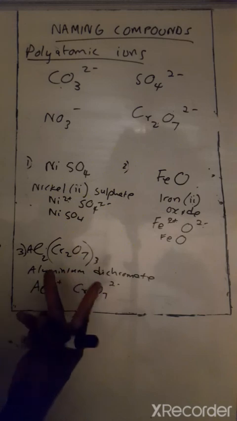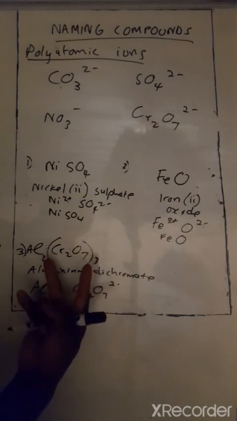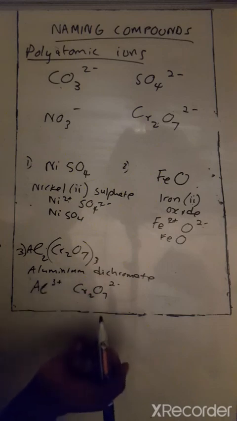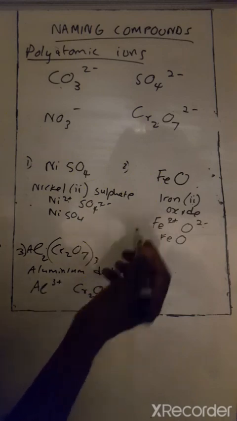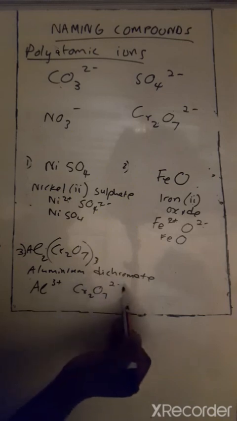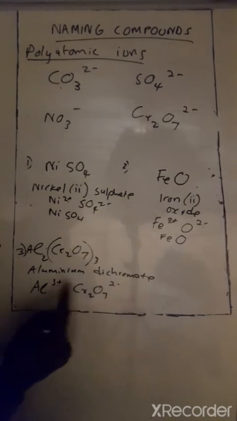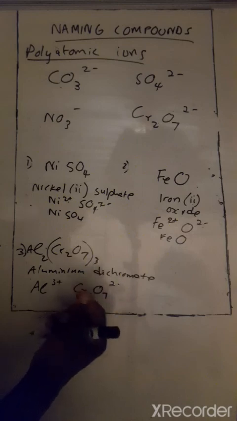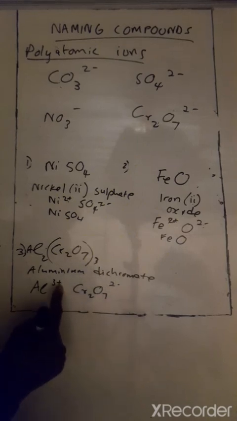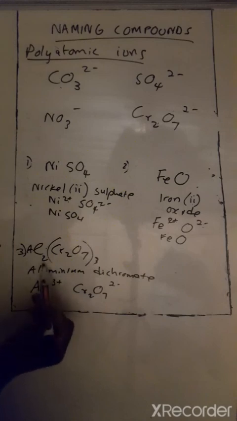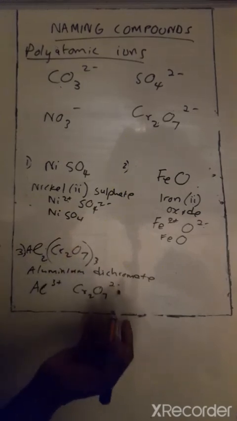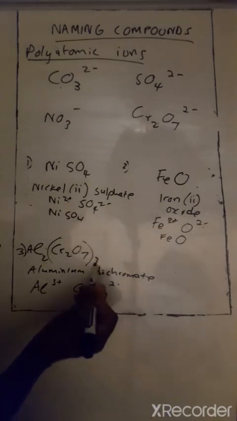I swap them, bring them down. So the 3 is this side and the 2 is this side. That's aluminium dichromate. Or alternatively, you multiply by 2 here, you multiply by 3 here, it will give you +6 and -6. You add the two, you get a charge of 0. What did you multiply the aluminium with? A 2. Very good. What did you multiply the dichromate with? A 3. There we go.